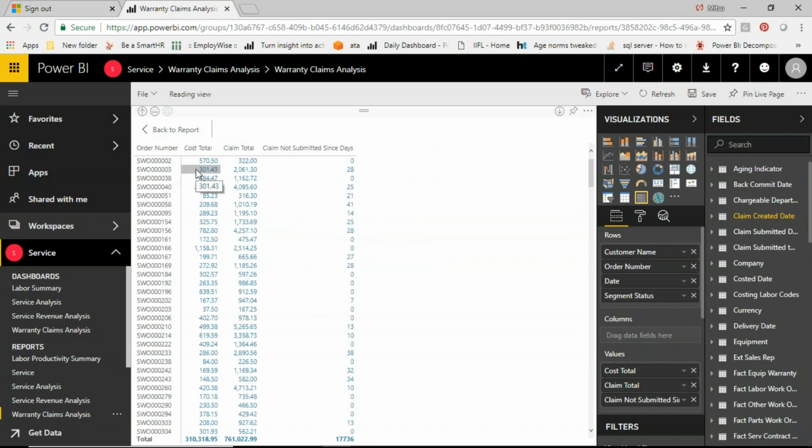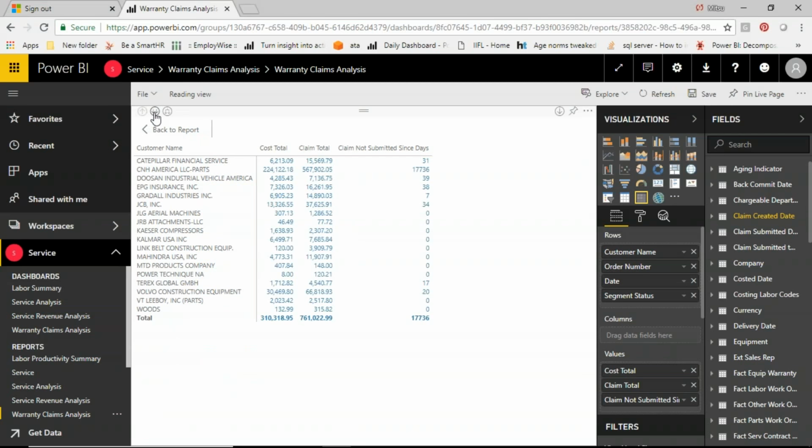Yeah, mine's showing a cost of $300. Huh. We are in the claims not submitted tab, yes. Right. And then, are you on the screen? That was the one I was on.